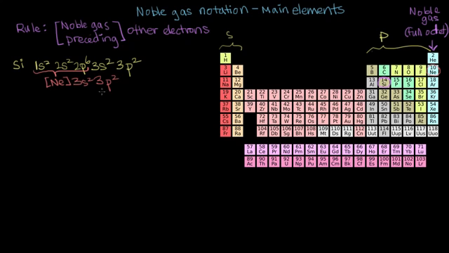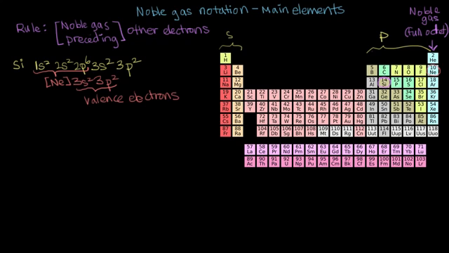The other thing you might notice is that these other electrons here that we wrote outside of the brackets are our valence electrons. So writing your electron configuration this way using noble gas notation makes it really obvious where your valence electrons are and what kind they are. So that's helpful.